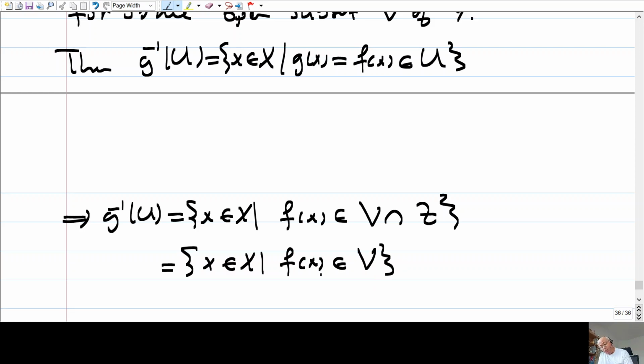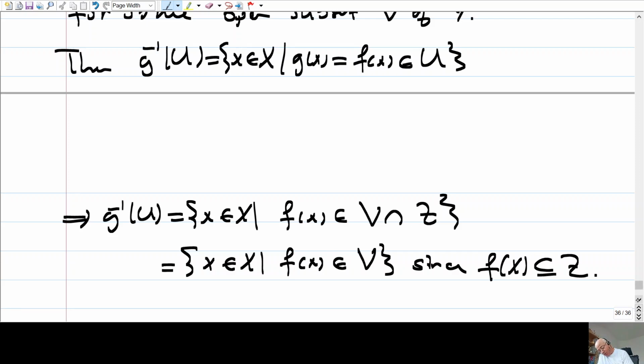Because F of x is already in Z, since F of X is a subset of Z. So there is no need to write F of x is in this intersection. It is already here.